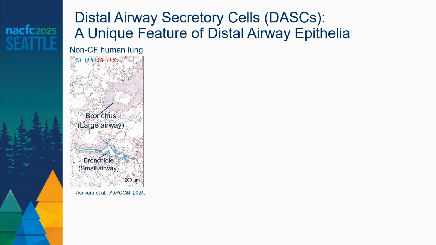This is an RNAscope image of SFTPB highlighted in blue. Bronchioles show marked expression of SFTPB, but in the bronchus region, the large airway lesions, there is no expression of SFTPB.